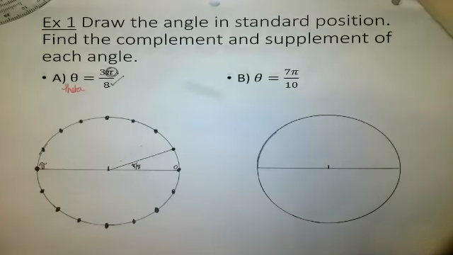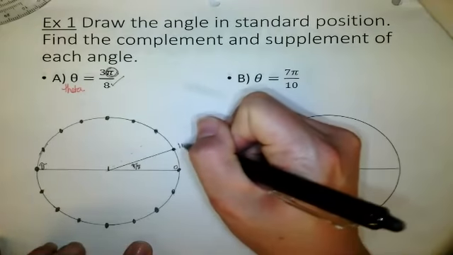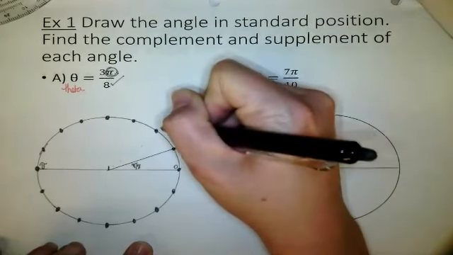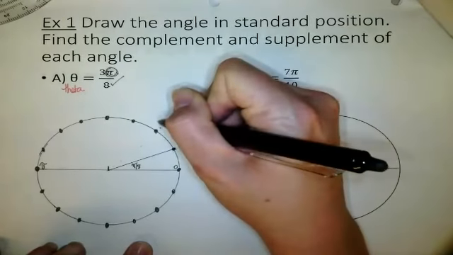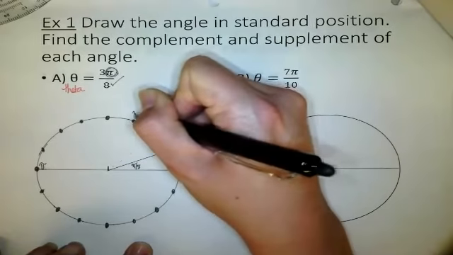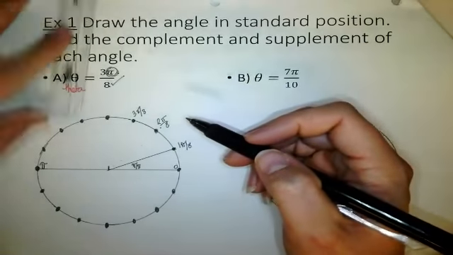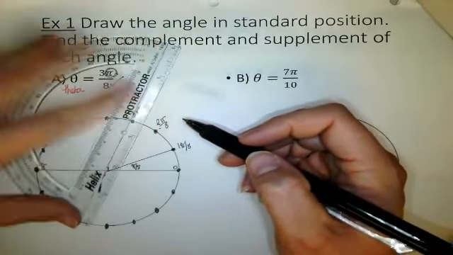I need how many of these? 3. So this first one is 1 pi over 8. What's this one? 2 pi's over 8. What's this one? 3 pi's over 8. Don't worry. They're fine.